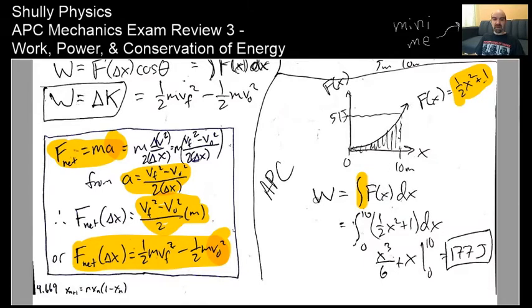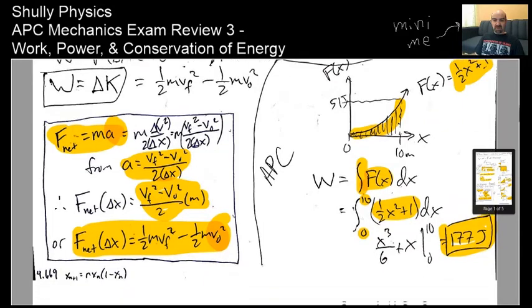So we can integrate: work equals the integral of the force function dx. So if we go from 0 to 10 meters and we plug in that function, we can come up with a value for that work done. Because this is a nonlinear function, it's just sketched out here. We are getting a different amount of work out of that.